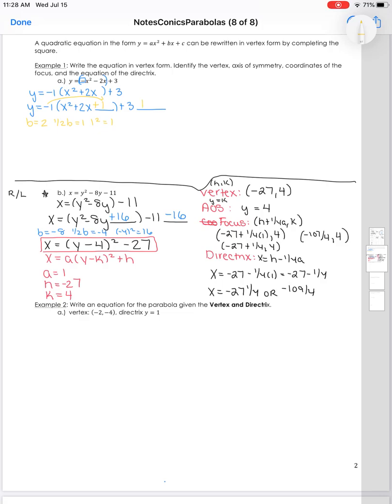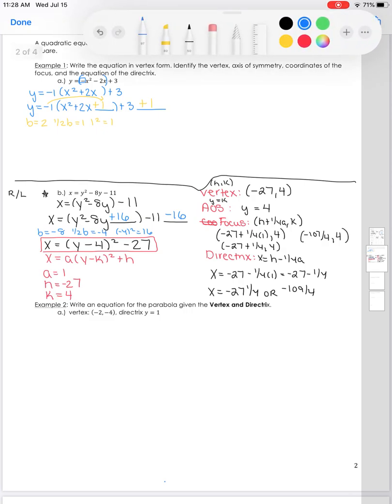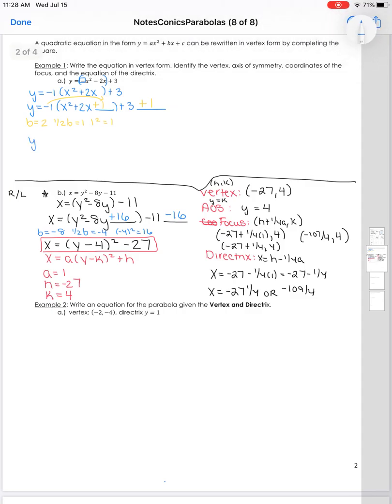Now, with the last example, we added 16 and we subtracted 16. With this, you have to be careful, because if a number got pulled out, yes, I wrote a plus 1, but this is actually a negative 1 when you multiply. So if that is really a negative 1, then this needs to be a positive 1 on the outside. So lots of things come into play when there is a leading coefficient.